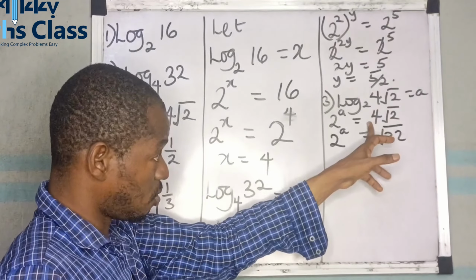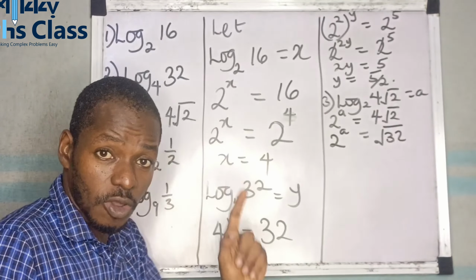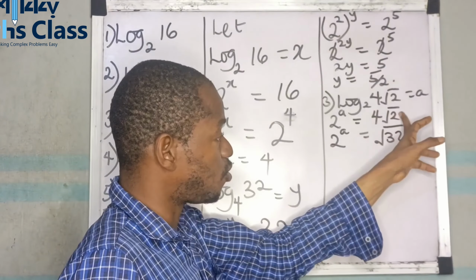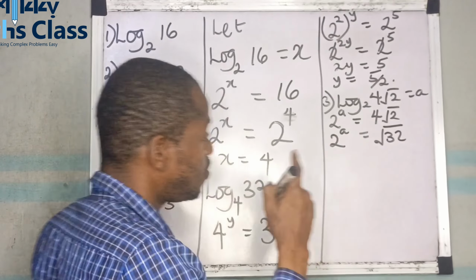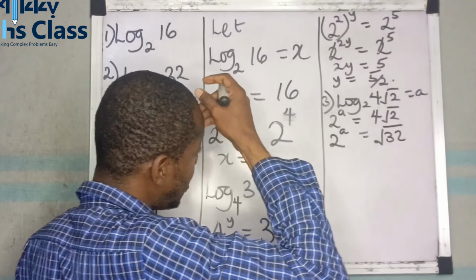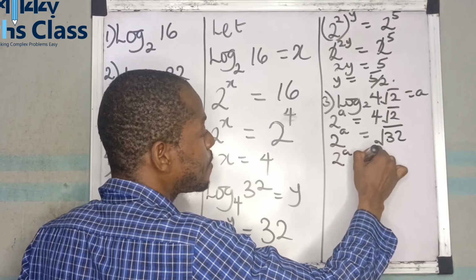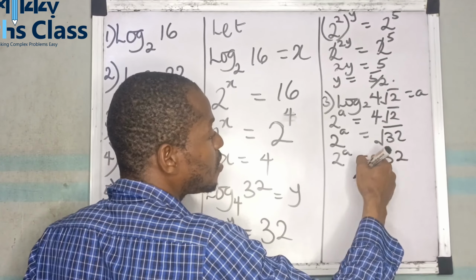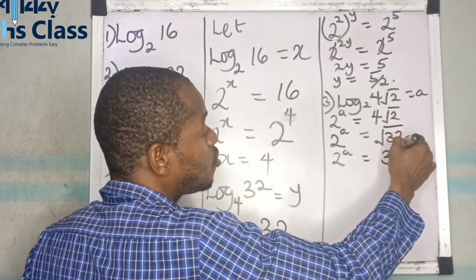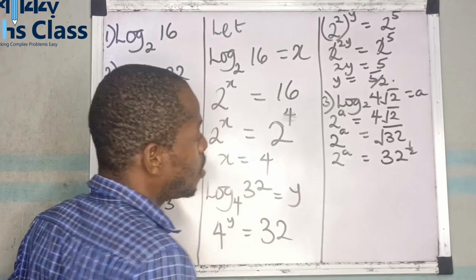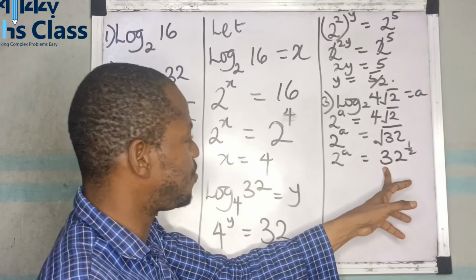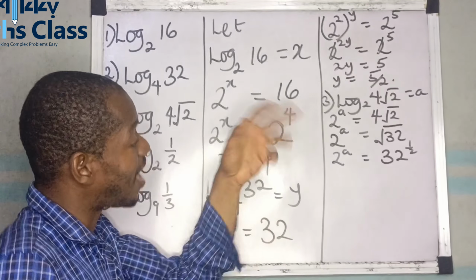So that's how to make it a single surd, because this 4 was gotten from the square root of a number, which is 16. So 16 times what is here, 2, is 32. It becomes a single surd. So from here, root 32 is the same thing as 32 to the power of half. Now, 32 is the same thing as 2 to the power of 5.